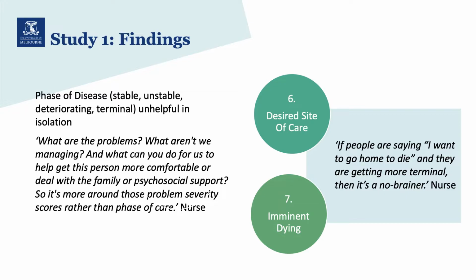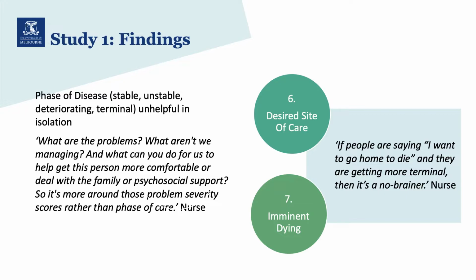The deteriorating phase was characterised by moderate problems in one or more of those other domains, or an impending discrepancy between care needs and care arrangements, which we've already discussed. Stable disease is almost always not urgent, and the only exception they described was the terminal phase, which really they viewed as core business regardless of problem severity, and identified this as a key trigger point for mobilising resources.